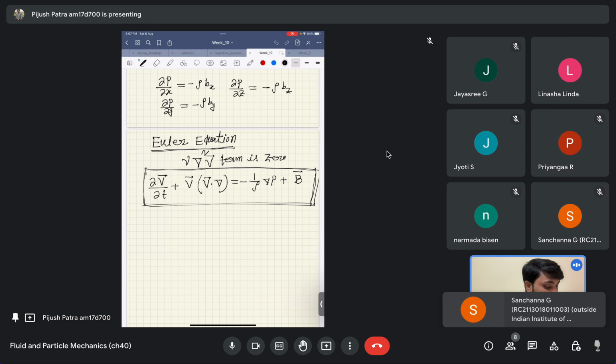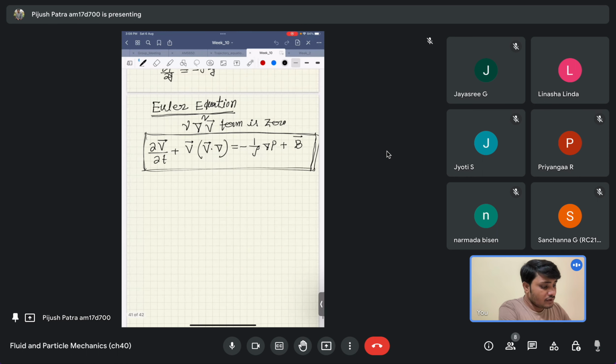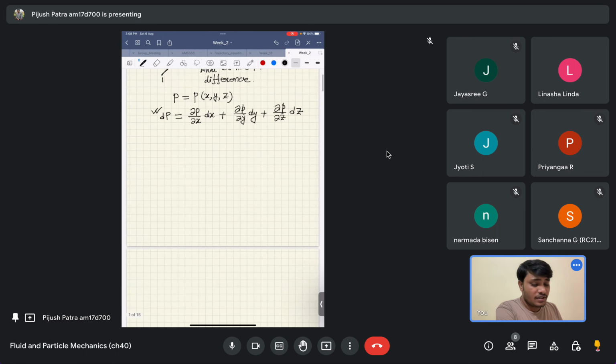Now yesterday we saw from the Euler's equation, what is the Euler's equation in general. So Euler's equation, if I write, in the Euler's equation there is no viscous term present from the Navier-Stokes equation. So what was that? I'll write it in general.